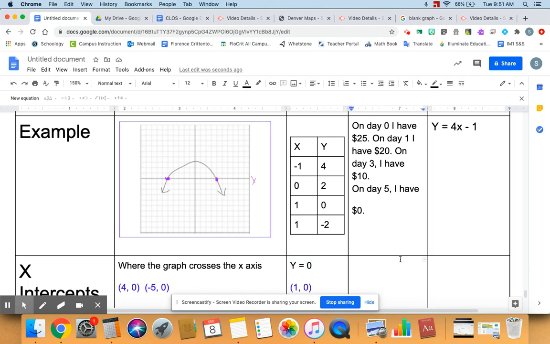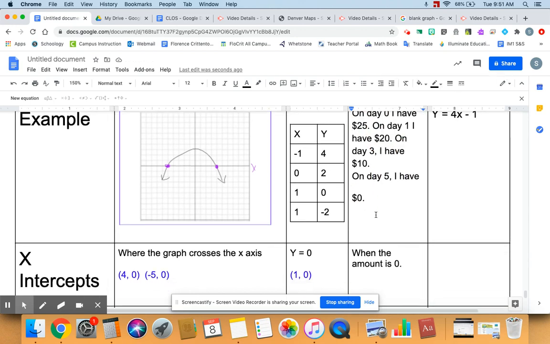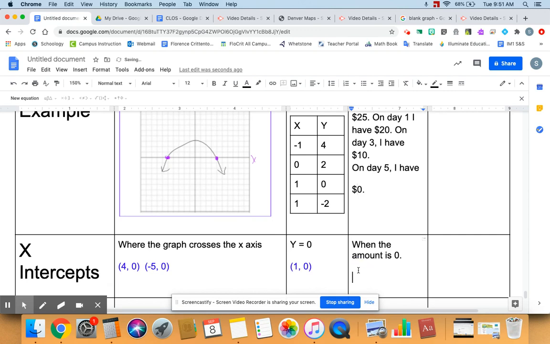And the amount, in this case, is the amount of money, because it's about days and how much money you have. So when the amount is 0, if I read this, day 0, I have 25. Day 1, I have 20. Day 3, I have 10. On day 5, I have 0. So that's going to be my x-intercept. That on day 5, I had nothing.